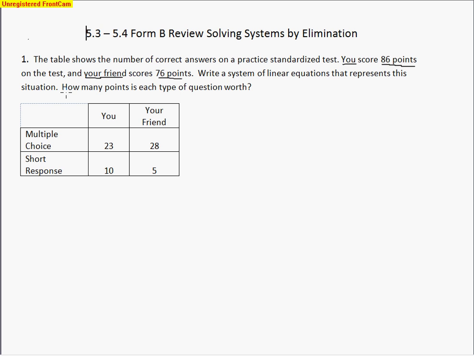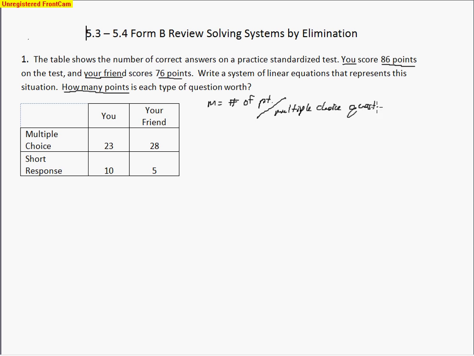This is key also. We always want to look at the questions asking how many points is each type of question worth. So we have two different questions here: multiple choice and short response. So I'm going to call M equals the number of points per each multiple choice question.